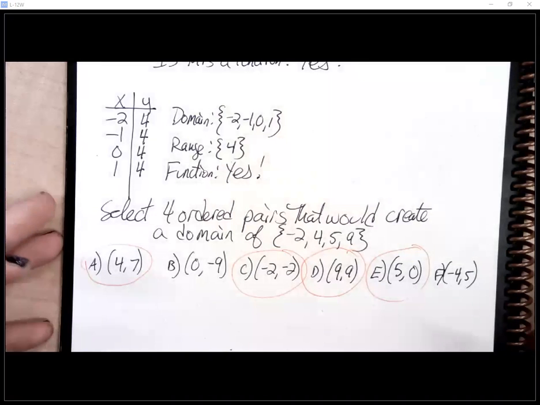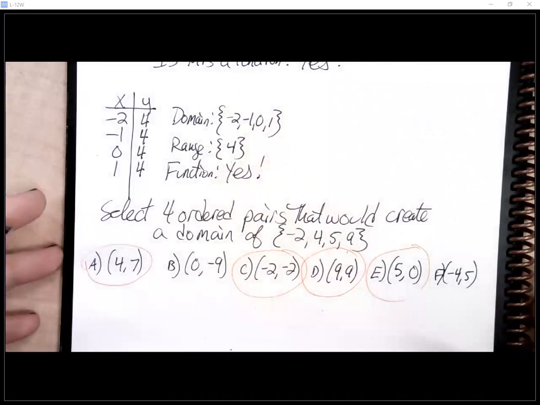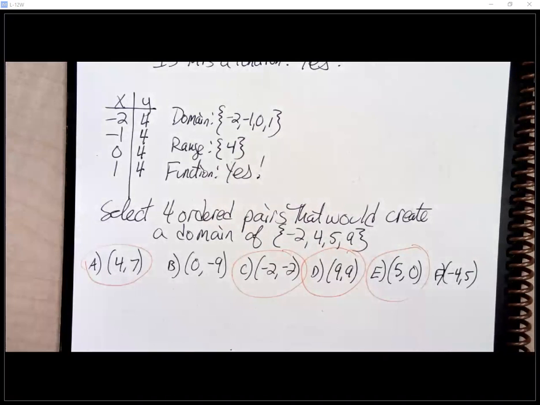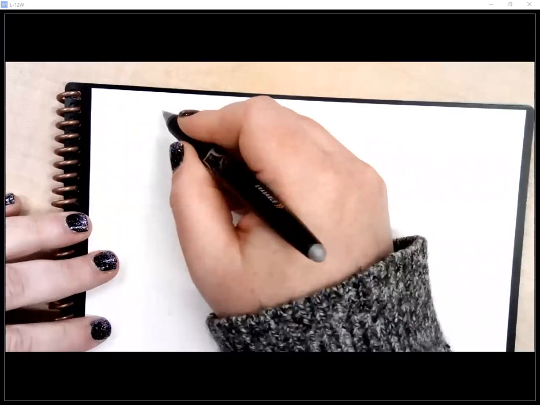What if instead of me just giving you ordered pairs or giving you a graph with ordered pairs, what if we actually had lines or curves and we wanted to talk about their domain and range? Thought you'd never ask. We'll start off with something easy.